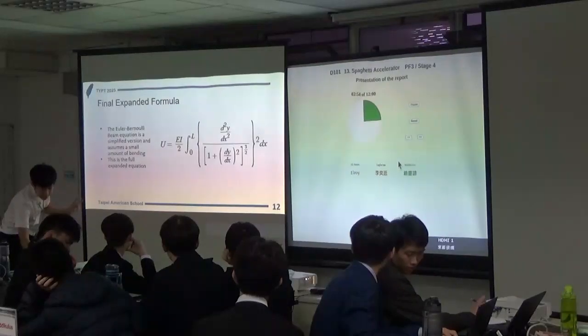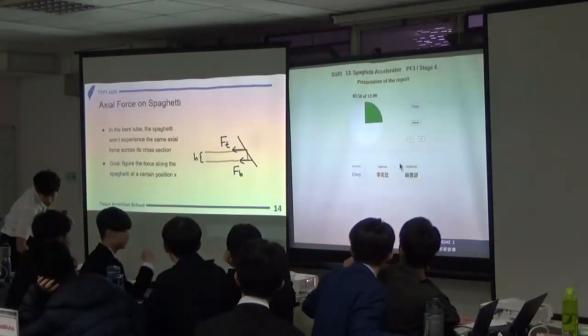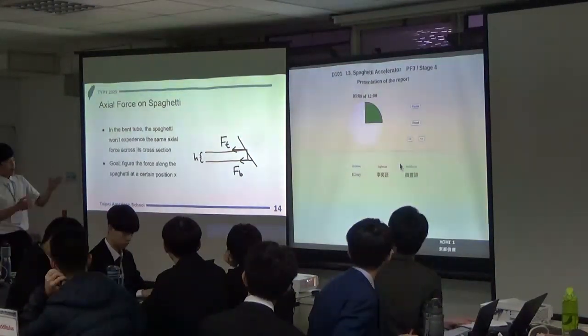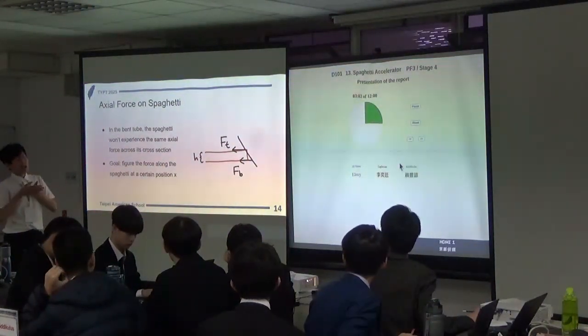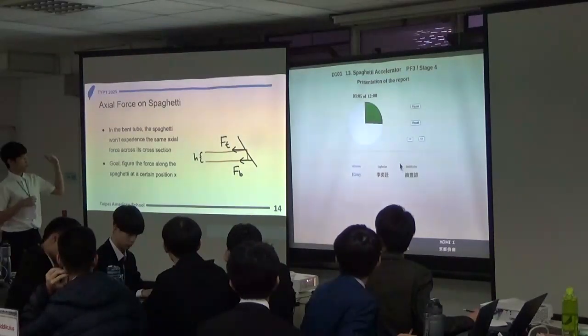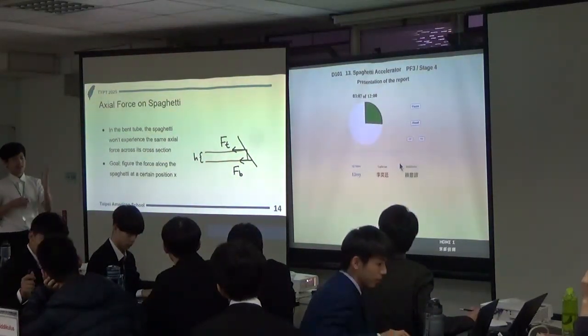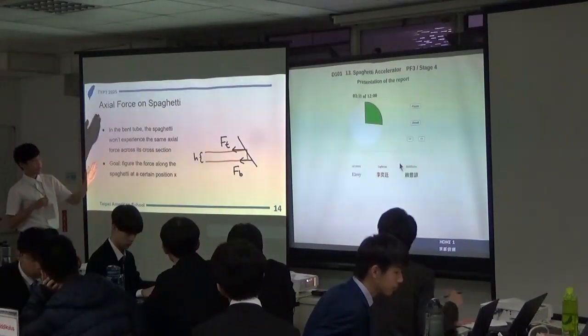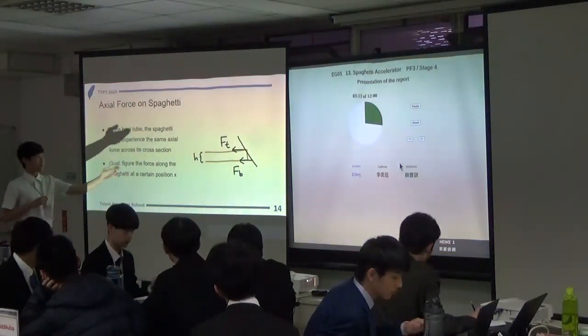Our second model is about axial force, essentially the force on the spaghetti longitudinally. In the bent tube, the spaghetti is not going to experience the same axial force across the entire cross section, right? The force on top is going to be a lot stronger than the force on the bottom, as we see here.